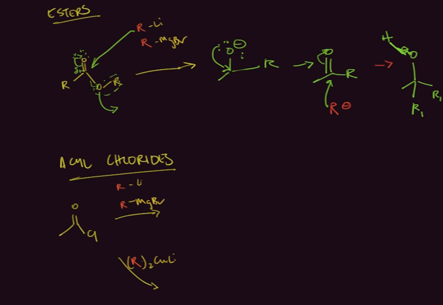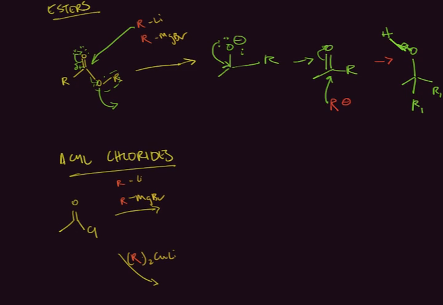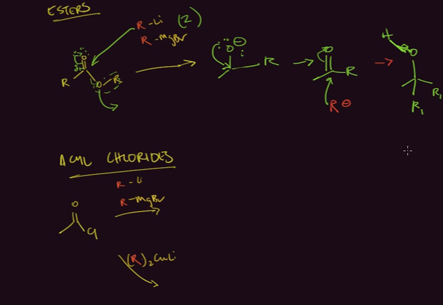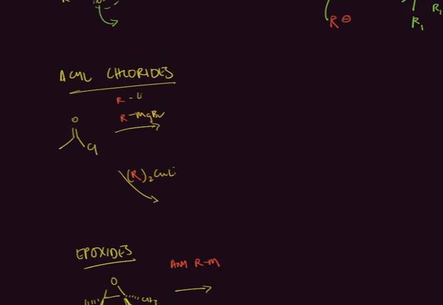So that's with esters. And remember, this needs to be at least 2 equivalents of the organometallic, or you might see it written in excess. And stick with organolithiums or Grignard reagents.